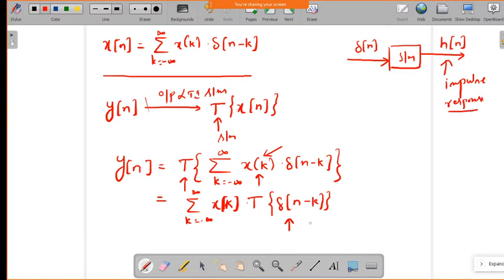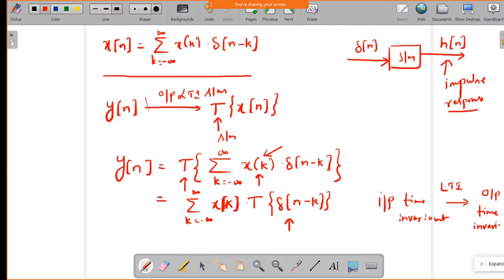Now we know, if the input is time invariant, say for example any input I give, in an LTI system what will happen? The output is also time invariant, is it not?